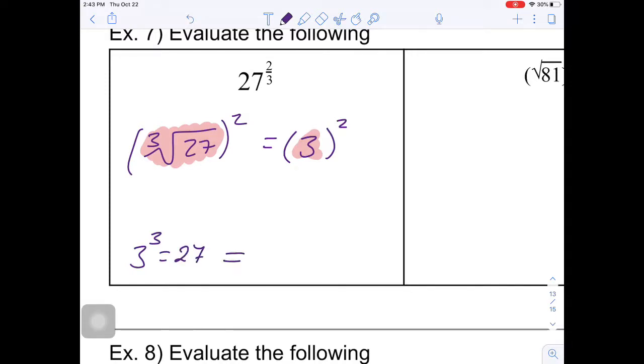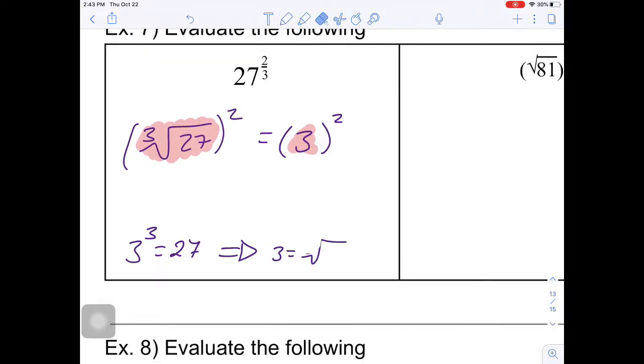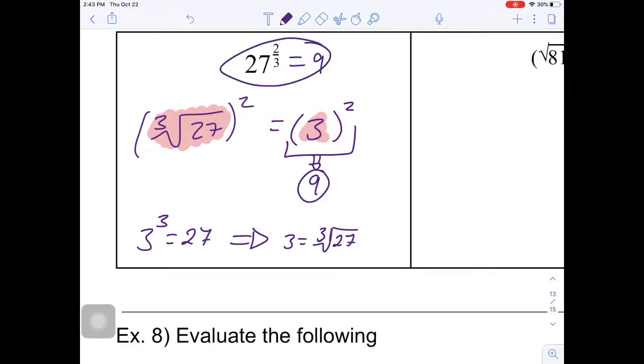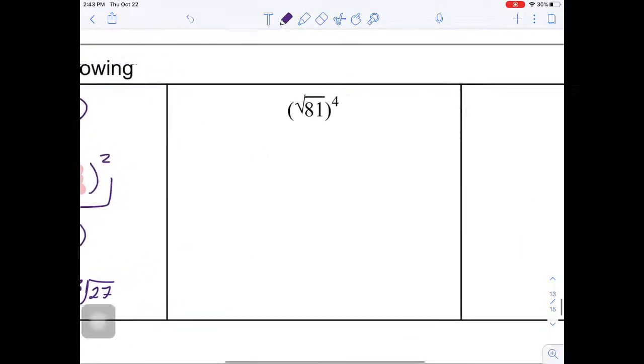So that means 3 equals the cube root. That's an ugly looking 3. The cube root of 27 is 3. And then here is very easy to understand. 3 squared, well, that's simply 9. So this thing equals 9. Okay, let's go over here.